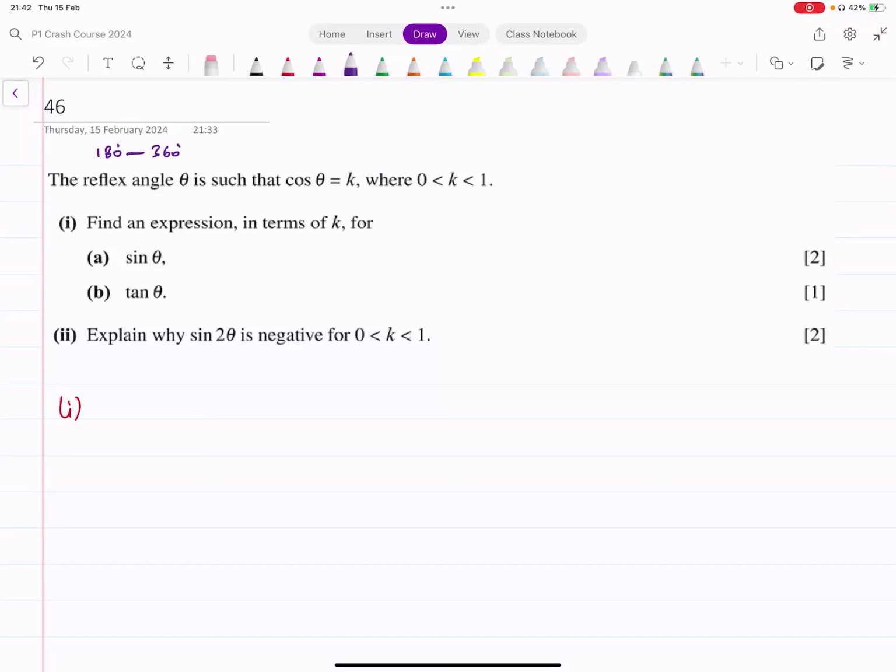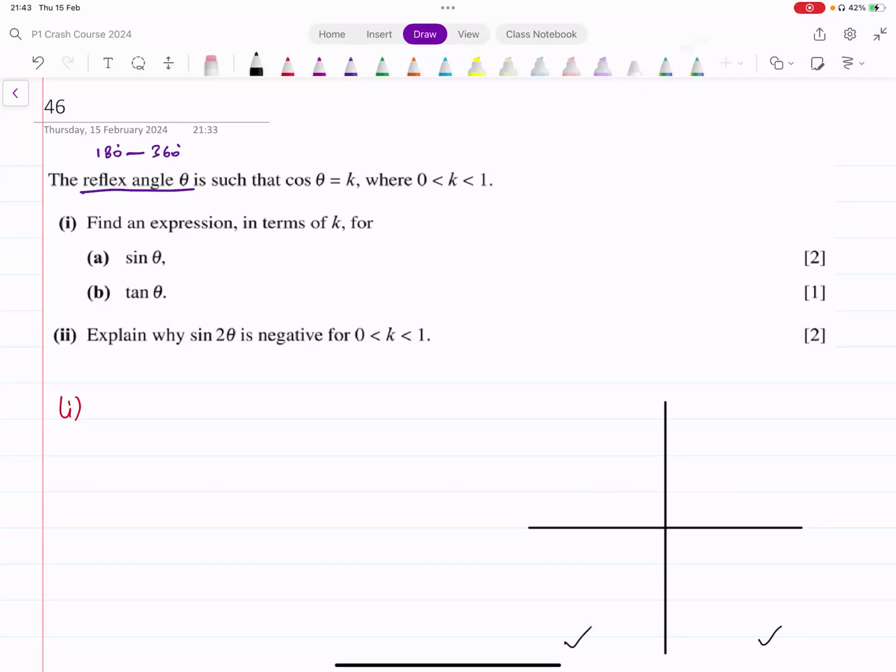That's what a reflex angle is. Which quadrants is that? No, reflex is not between 270 and 360. Reflex is between 180 and 360. Okay, that's what reflex means. So if you were to draw it in quadrants like this, you could say it's either the third quadrant or the fourth quadrant. These are the 2 possibilities.